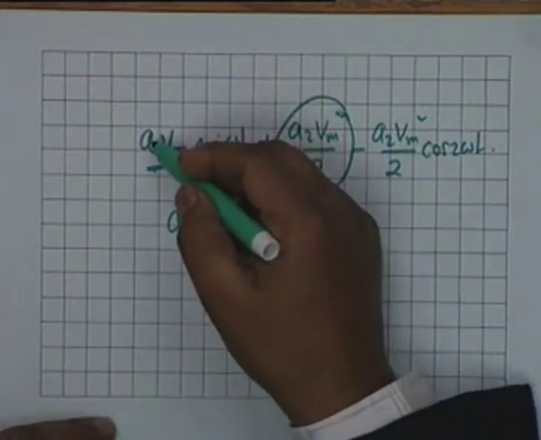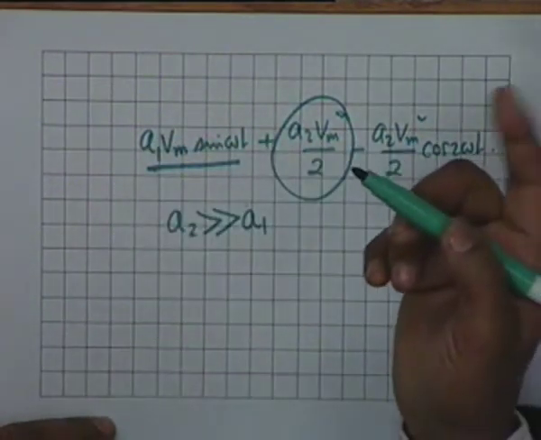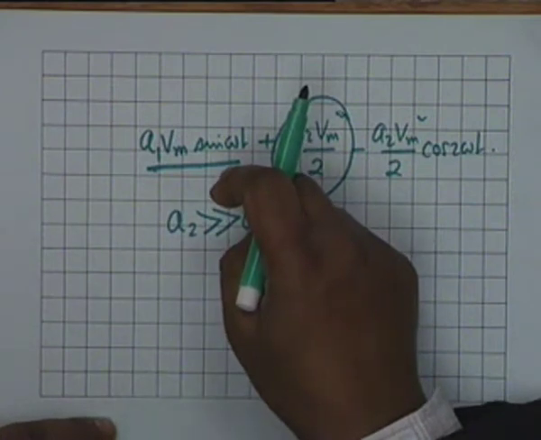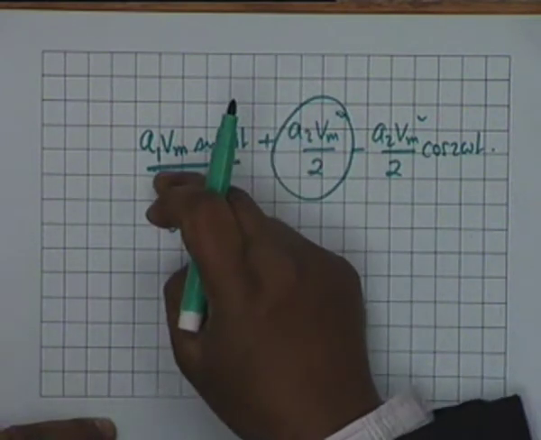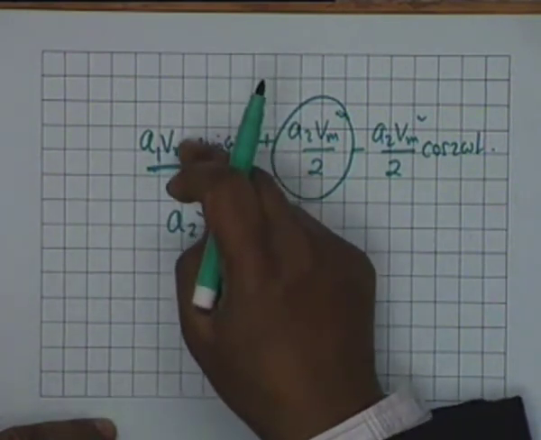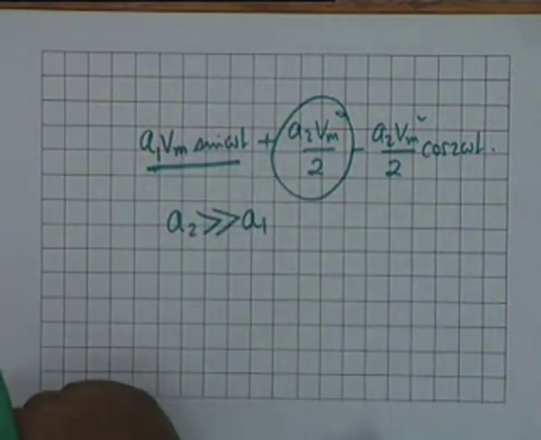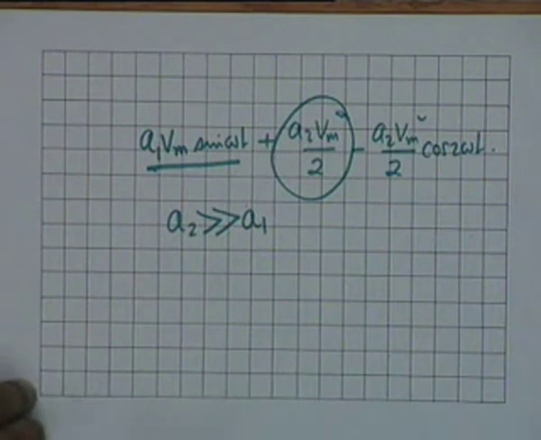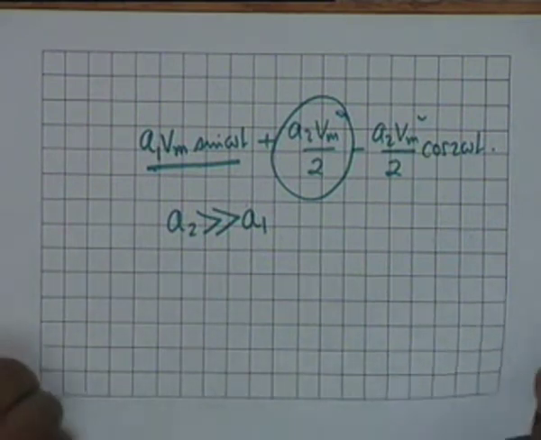And if A1 is greater than 1, don't you see that this acts as an amplifier? If A1 is greater than 1, then the maximum amplitude was Vm, now I have increased it to A1 Vm. So a nonlinear resistor is not necessarily an undesirable phenomenon. It can be used to your advantage in a circuit.